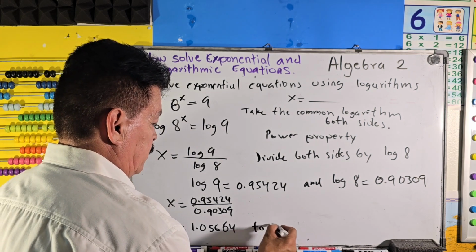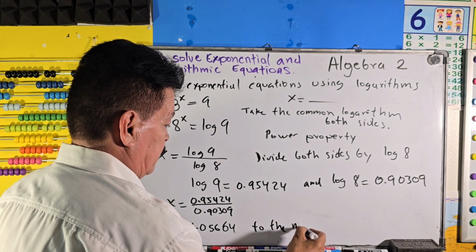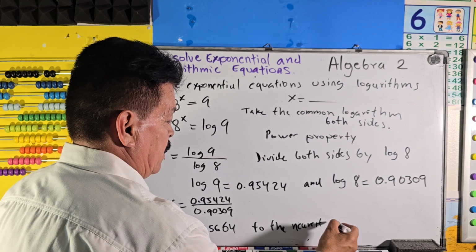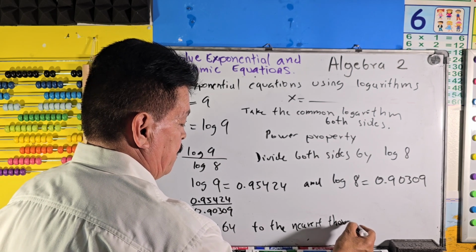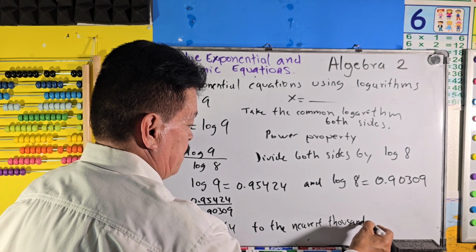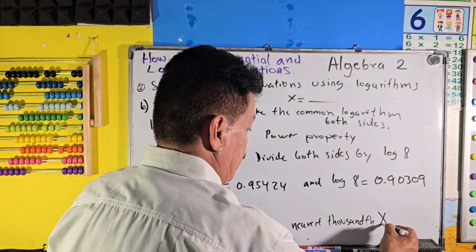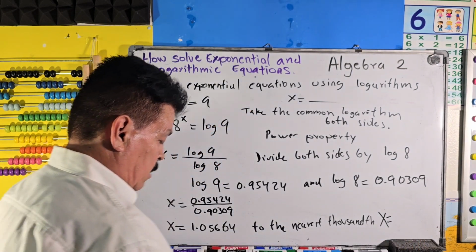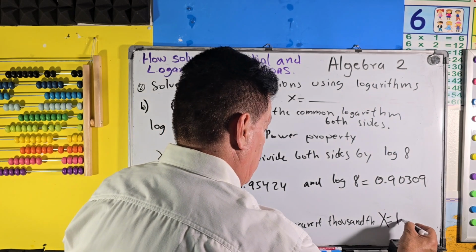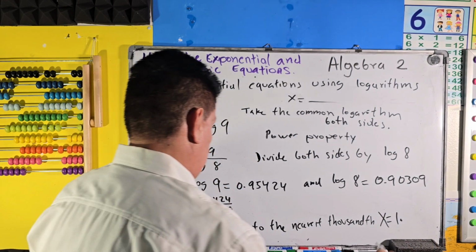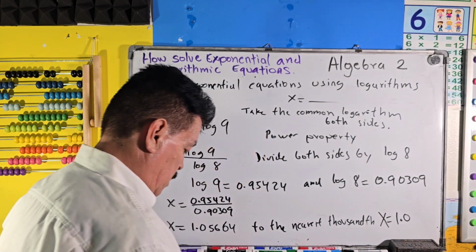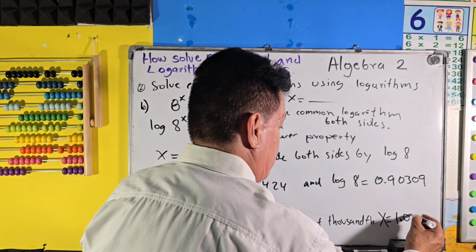To the nearest thousandth, we will have x equals 1.057.